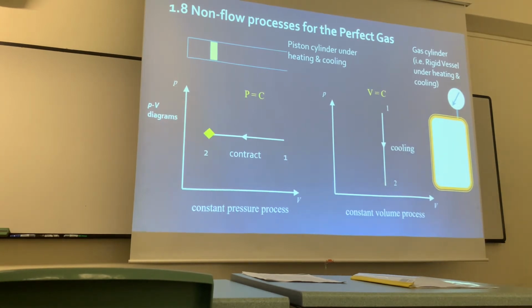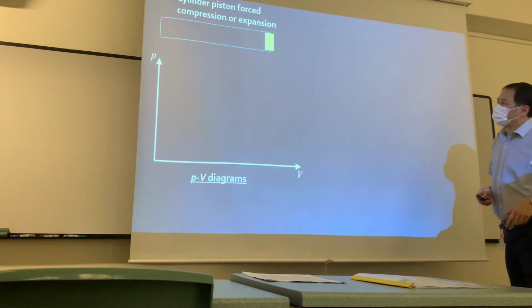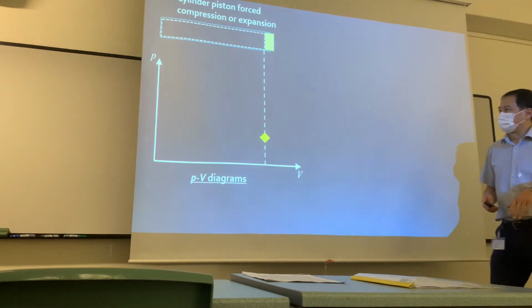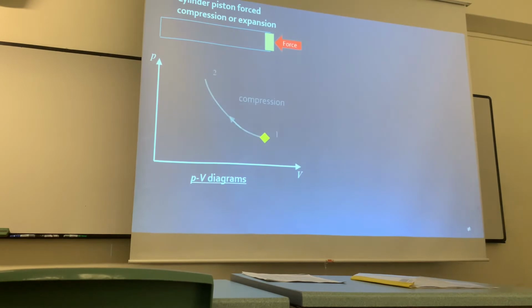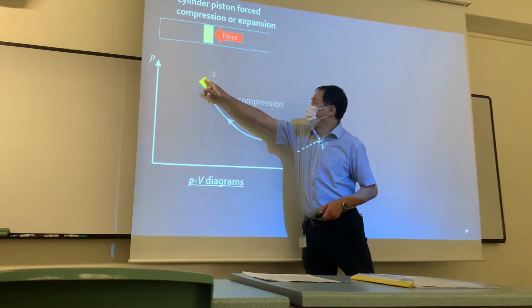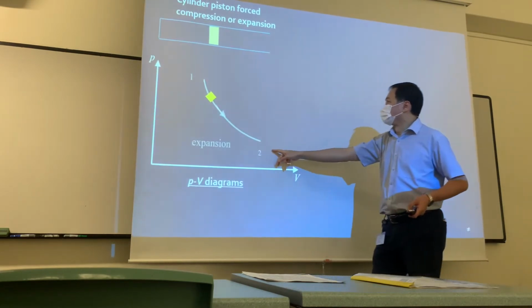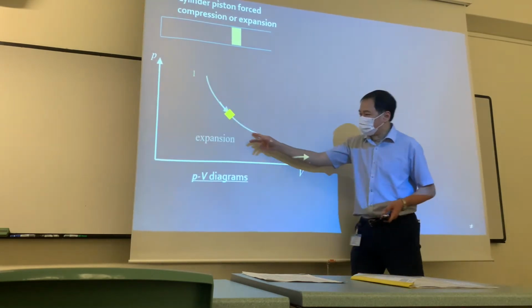How about polytropic, adiabatic, and isothermal? Okay, all these processes look something like this. If you have a polytropic, adiabatic, or isothermal compression, you will have a curve. If you have a polytropic, adiabatic, or isothermal expansion, again you also have a curve.